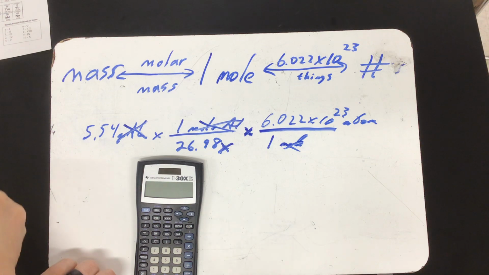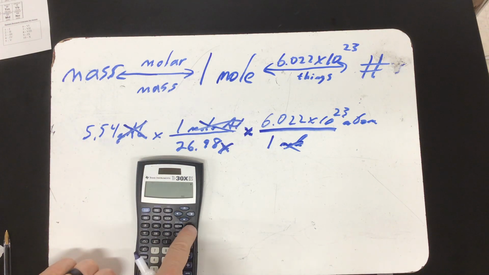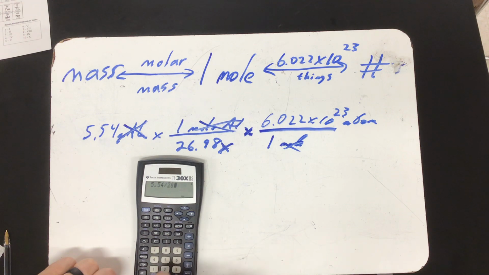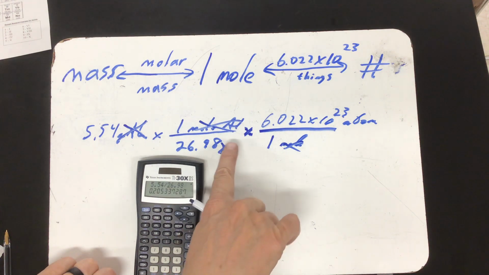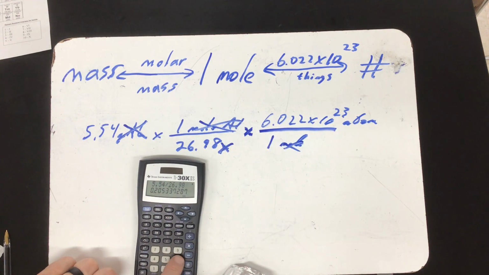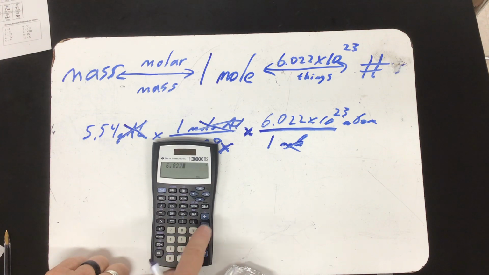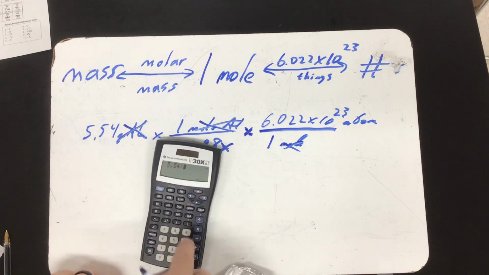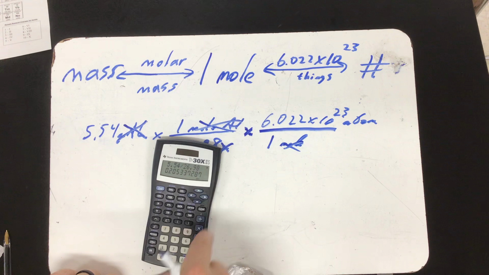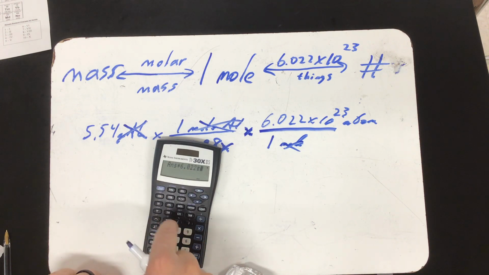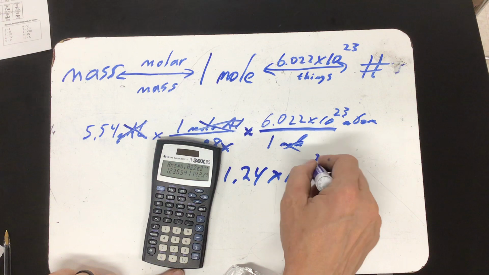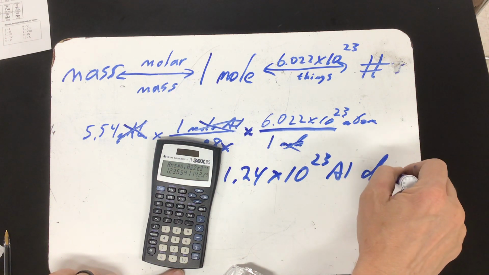Okay. So I have 5.54 times 1 divided by 26.98, so divided by the molar mass of aluminum, and then multiplied by 6.022 times 10 to the 23, so 6.022 double E 23, and it tells me, oh wait a minute, I messed that up, so 5.54 divided by 26.98, and then times 6.022 double E 23 gives me 1.24 times 10 to the 23 aluminum atoms.